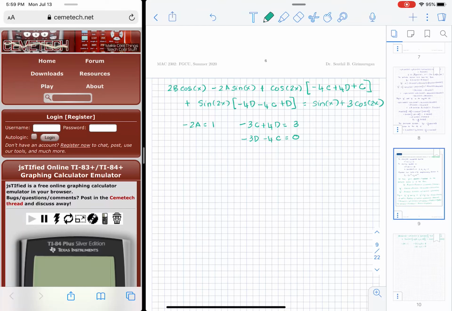And there isn't a cosine x term on the other side, so 2b would equal 0. So we know b is 0, a is negative 1 over 2. Now we just have to solve for c and d. Let me rearrange the equations. I have a system in two coefficients. I'm going to multiply the first equation by 3.